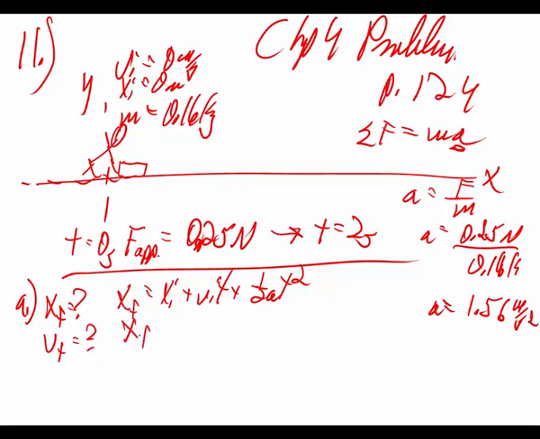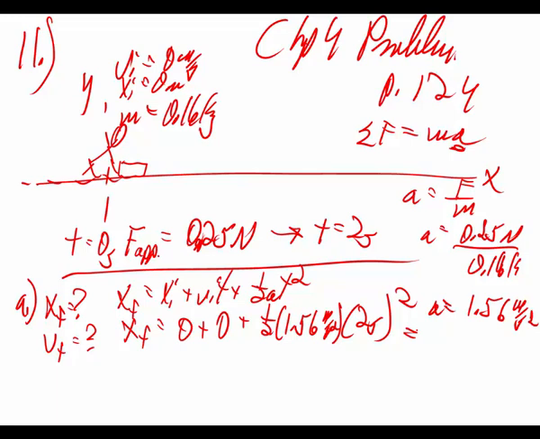All right, plug everything in. 0 plus 0, because initial velocity is 0, y'all, plus 1/2 times 1.56 meters per second squared times the time of 2 seconds, because that was the delta t. Oops, squared. And so we get a final displacement of what? 3.12 meters? Is that right? That's crazy. All right.